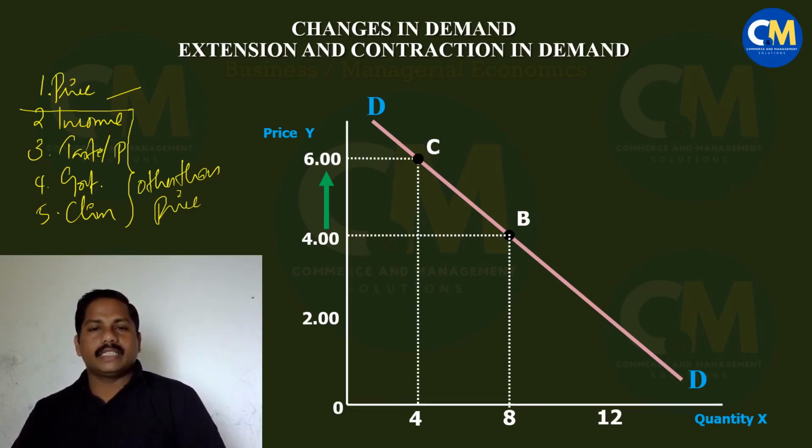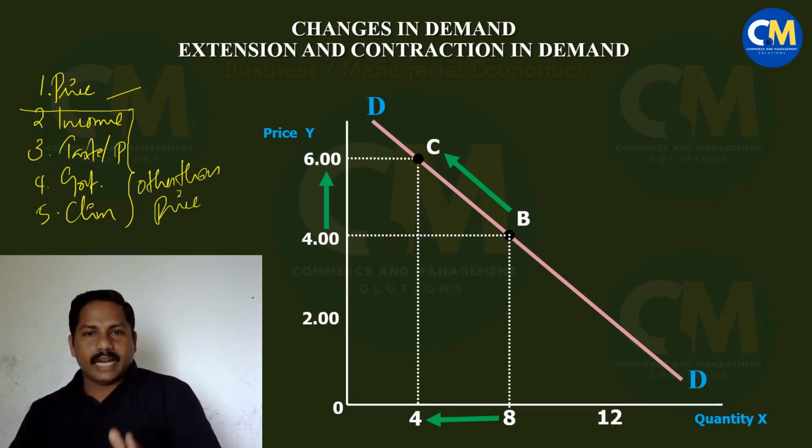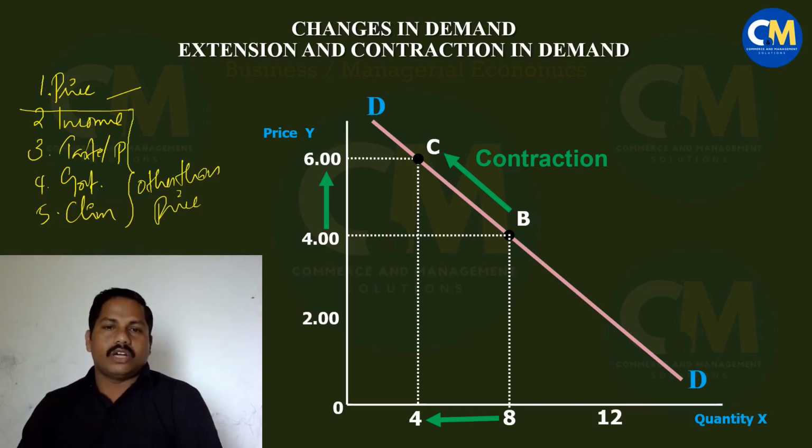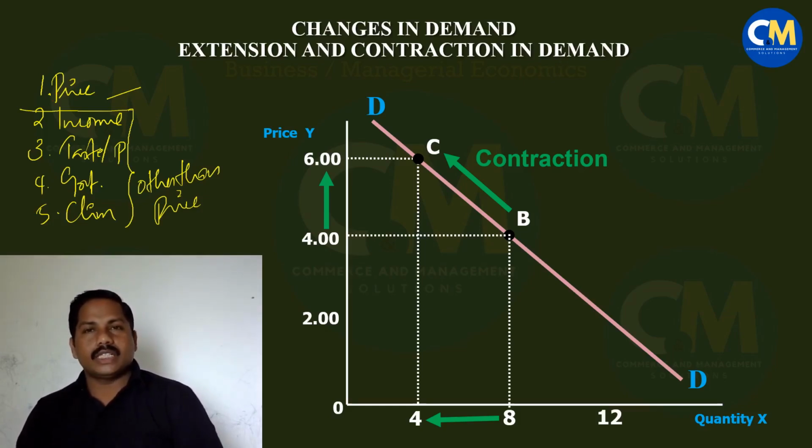Here the quantity demanded decreases from 8 to 4 because of the price increase. If demand decreases due to an increase in price, keeping other factors constant, that is called contraction. Quantity demanded is decreasing due to the change in price alone, keeping other factors constant. That is called contraction.